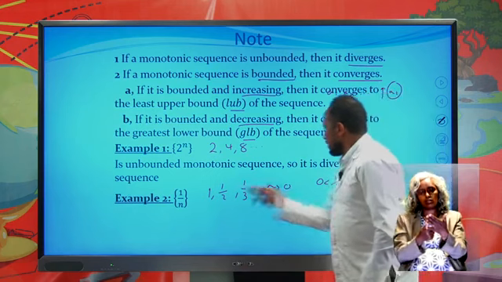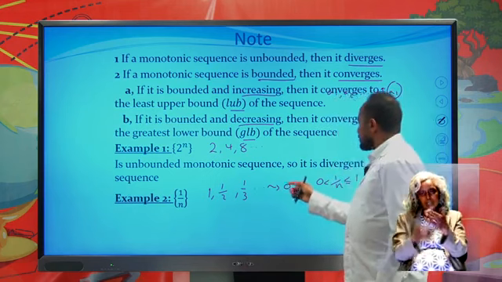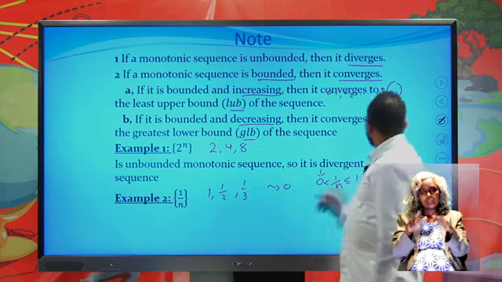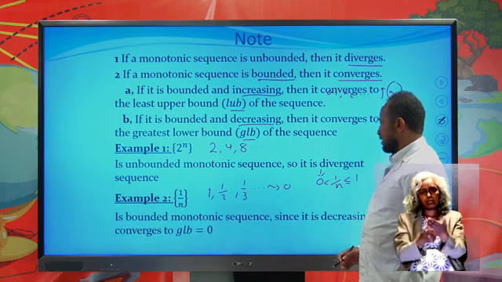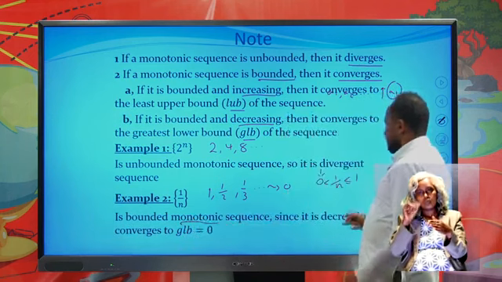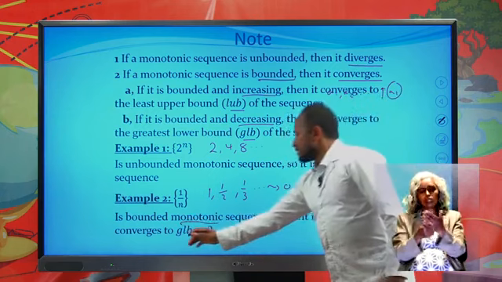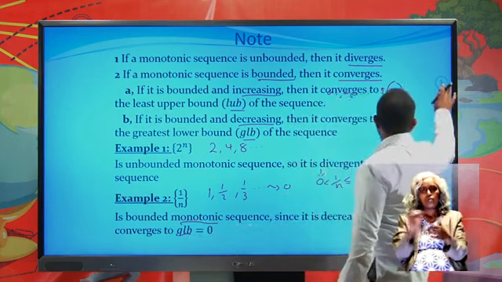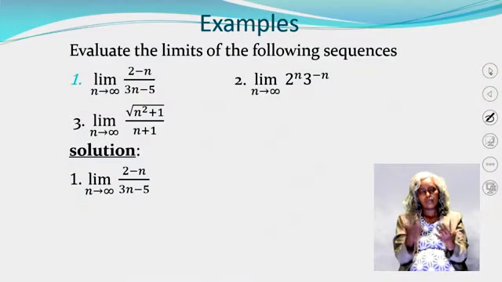At infinity, since it is decreasing, it converges to 0. It's the least upper bound of the sequence. So this one is a bounded monotonic sequence, and since it is decreasing, it converges to the greatest lower bound, which is 0.